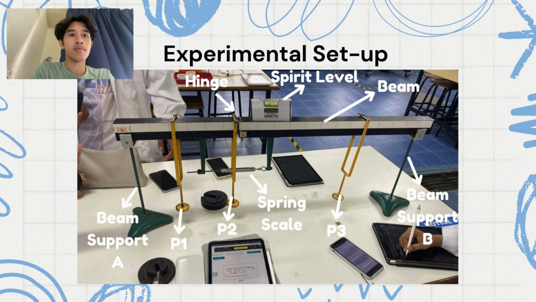It is an item that we use to make sure that the beam is balanced, and before we measure the spring scale, we will make sure that the bubble inside the spirit level is in the right area so that the beam is balanced. Then we have the spring scale, which is where the force is measured, from the bending that happened on the hinge. This is the experimental setup that we use in this experiment.